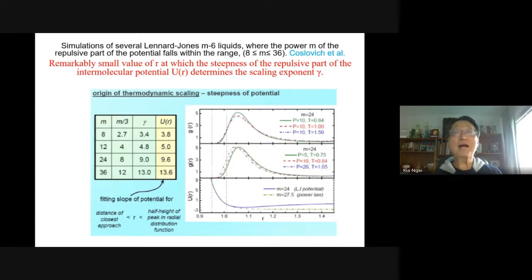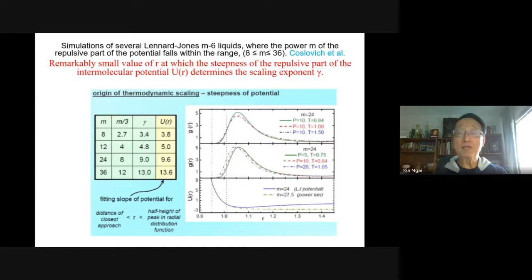So what they found is that in fact the gamma is very similar. You see that 3.4 versus 2.7, 4.8 versus 4, 9 versus 8, the 2 columns on the table there, 13.2 versus 12. So you see that it's very similar for the simulation they get from the Lennard-Jones. And so that's why it's interesting.